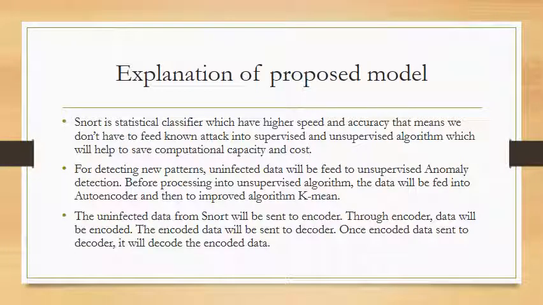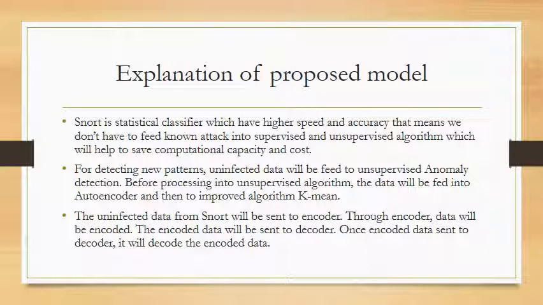For the explanation of this proposed model, we are thinking that hackers don't usually craft new kinds of attacks. Even if a hacker crafts a new pattern of attack, it is better to use Snort, so that if the attack is already known, Snort can detect it, which leads to less computational capacity.